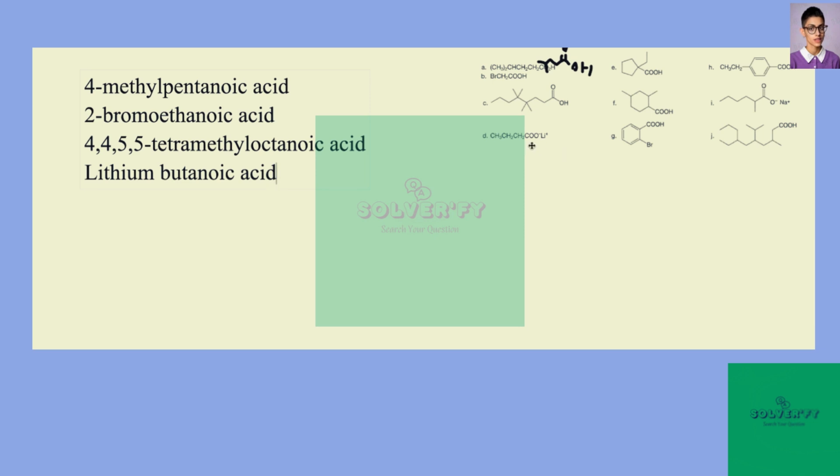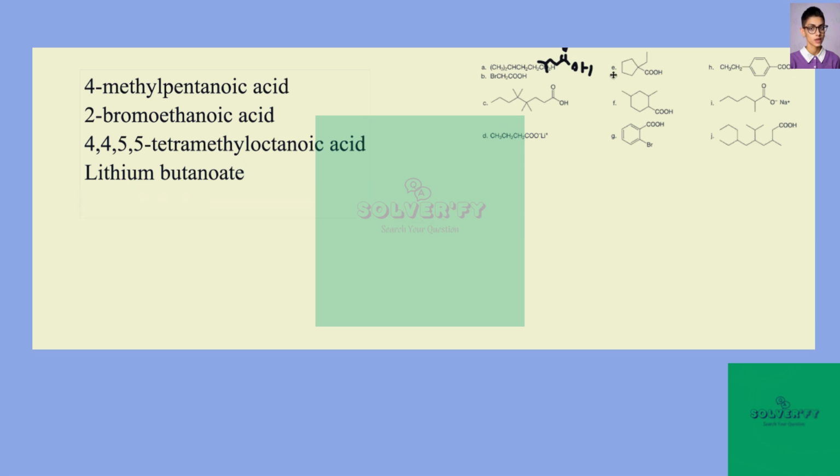But remember, now because we have a lithium salt, we know that this is going to be the conjugate base, so it's no longer in its acidic form. It's in its conjugate base form. So we replace the oic acid suffix with the ate suffix. So it's a butanoate molecule here, and there's nothing attached to it, no substituent, so we have lithium butanoate.